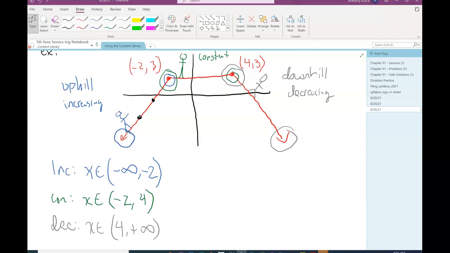I'm going to do one more example that's a little bit more complicated, just so that I get a good picture of what's going on. I'm going to generate this graph using the computer and then copy and paste it in here so that it's easier to see what's going on.